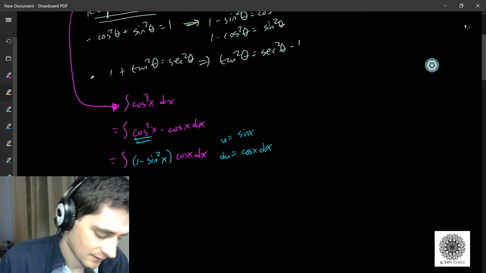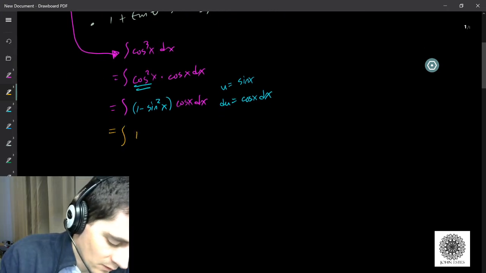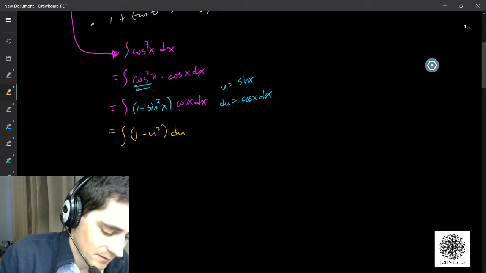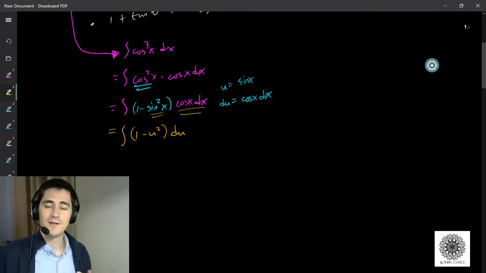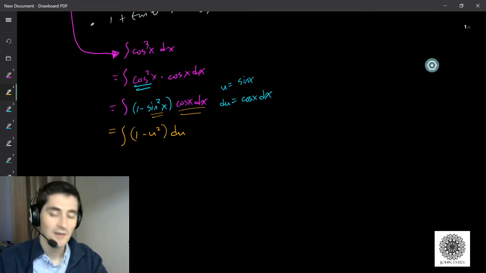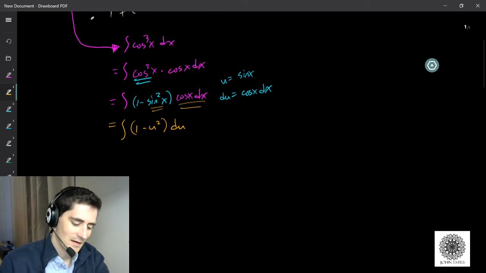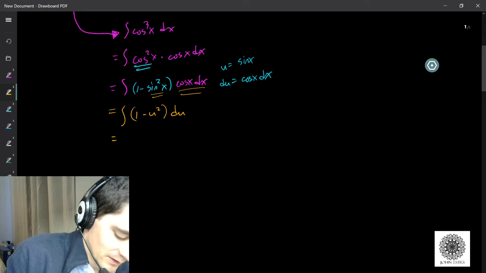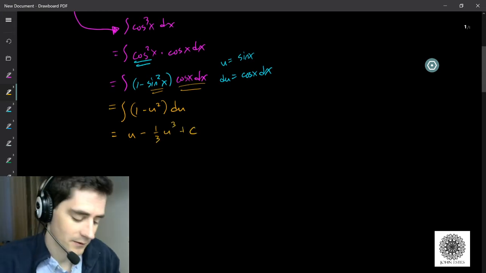And now look, once I do that, I have the integral of 1 minus u squared du, right? There's my du, there's my u squared. It's just a polynomial. So actually this is one of the easiest integrals we could have come up with. To integrate that, we get the integral of 1, which is u, and then 1/3 u cubed plus c, just using antiderivatives.